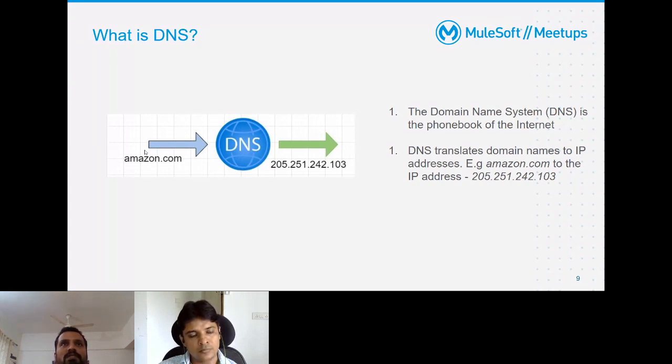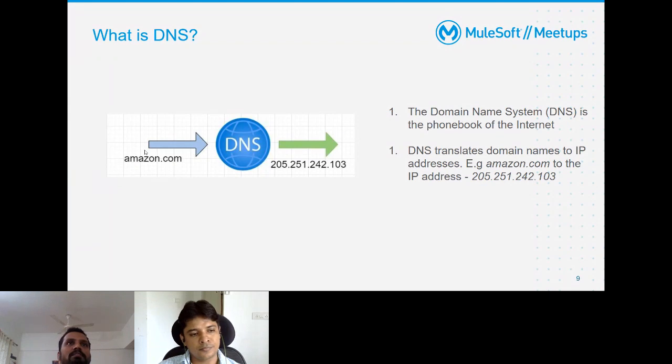We as humans don't memorize IP addresses that well. If you have a shopping site, we know its name but don't recollect its IP address. That's where the phone book analogy comes from. We know we have to call a person but don't know the number, so the DNS system was modeled on the phone book principle.